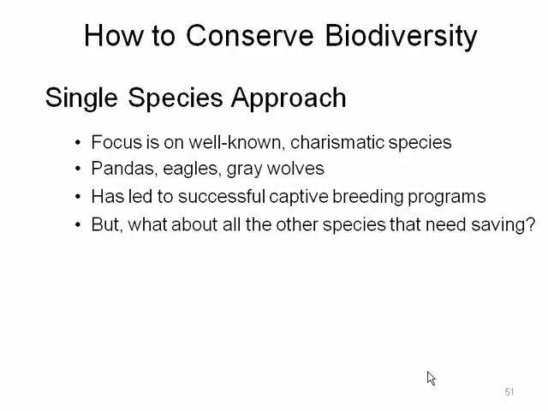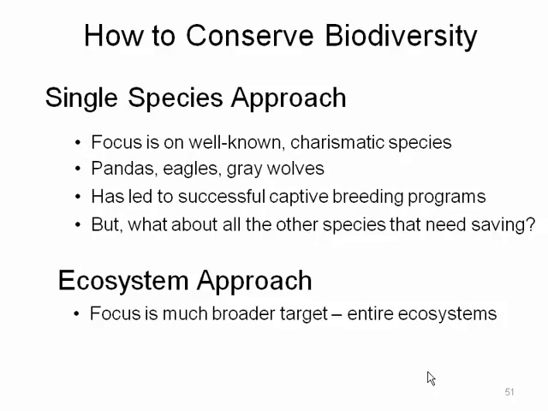But beyond these very attractive organisms, or plants and animals that readily attract public support, what about all the others that are going extinct or threatened with extinction? For that, an alternative approach has been developed, and that's referred to as an ecosystem approach.